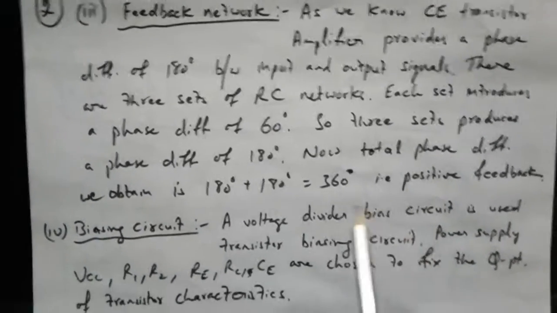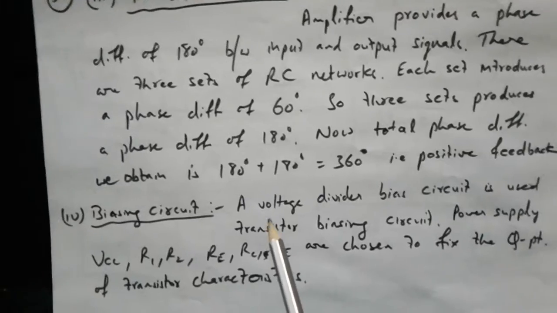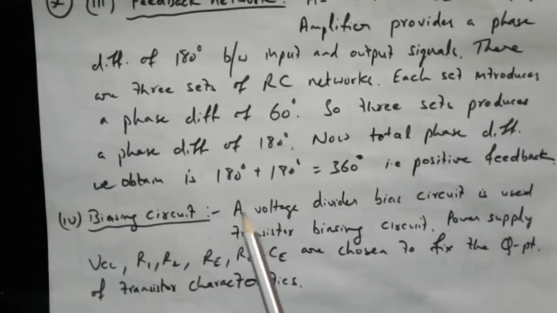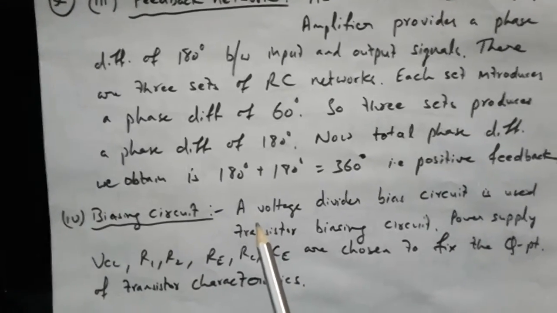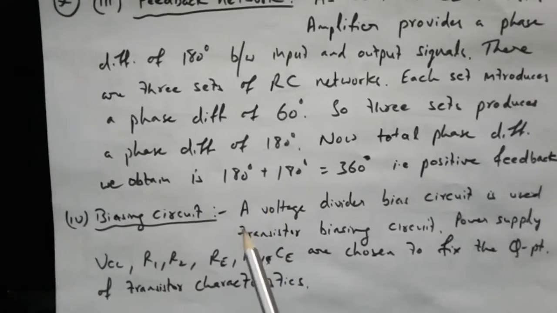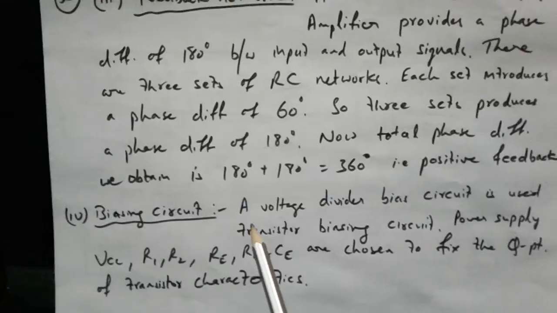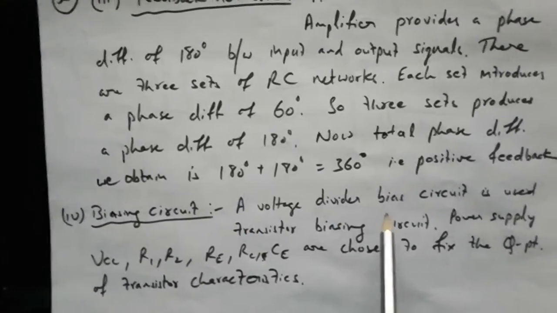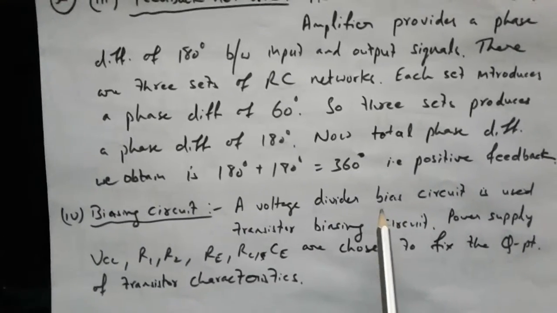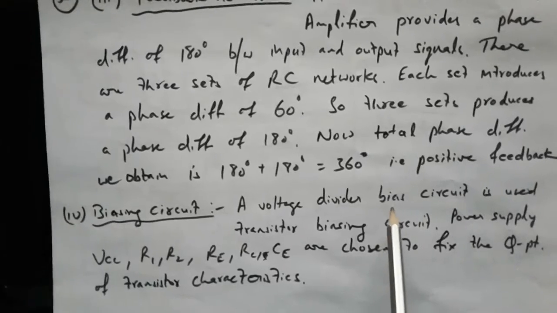The fourth component is the biasing circuit. That is required to fix the Q point. We know that voltage divider bias is the most preferred biasing circuit.